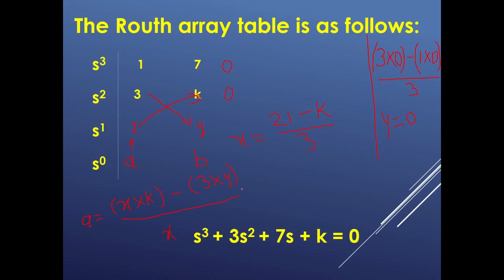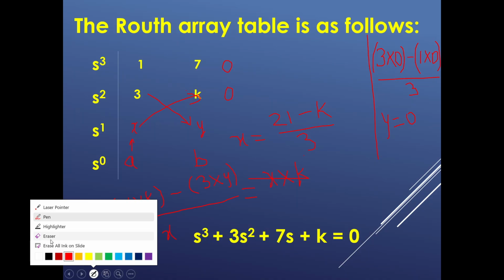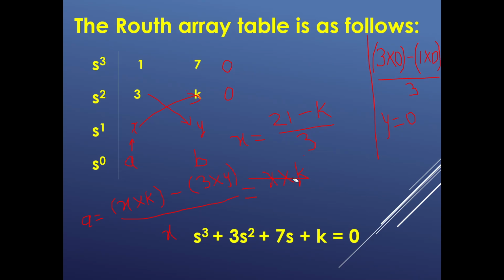Now what is x value? 21 minus k by 3. I'm not going to write that. Instead of writing again and again, I will just modify this equation so that it will be easy for you. So x into k minus 3 into y.